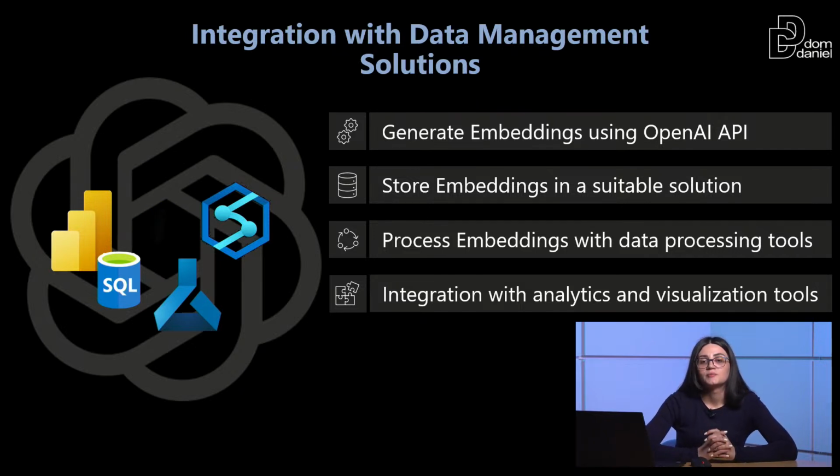After all, we can process these embeddings with appropriate data processing tools, which can be Azure Databricks or Azure Machine Learning. And finally, we can integrate these processed embeddings with analytics and visualization tools such as Power BI to get insights and to make data-driven decisions.